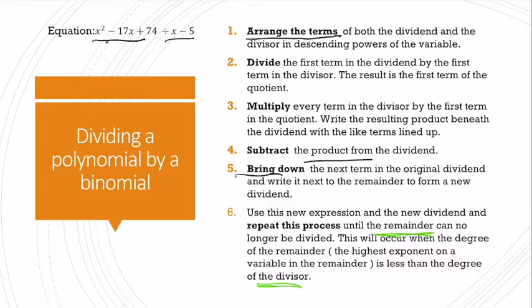So let's go ahead and open up a new space so I can work through this problem. We're going to take x squared minus 7x plus 74 divided by x minus 5. So I have x minus 5, and we're going to use that to divide x squared minus 7x plus 74. Okay, so I look at x squared and I think, what can I multiply x by to make it look like x squared? The answer is x.